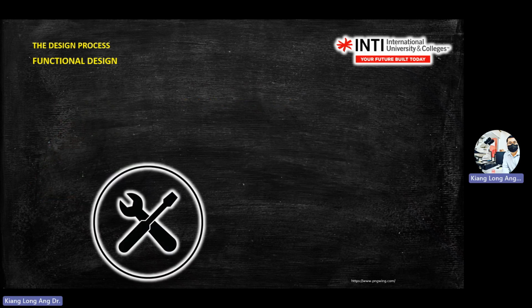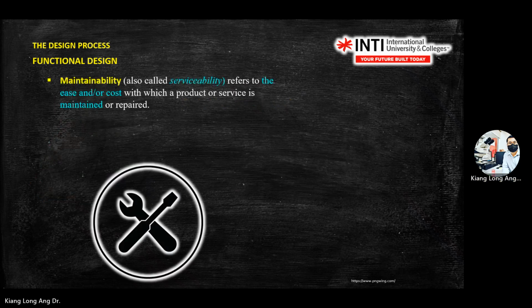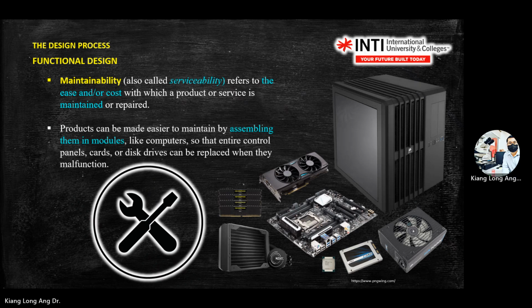Okay, the next term we learn for today is maintainability. That's not reliability, right? Now we learn maintainability. Maintainability or serviceability refers to the ease and cost with which a product or service is maintained or repaired. It means how easy it is to maintain.